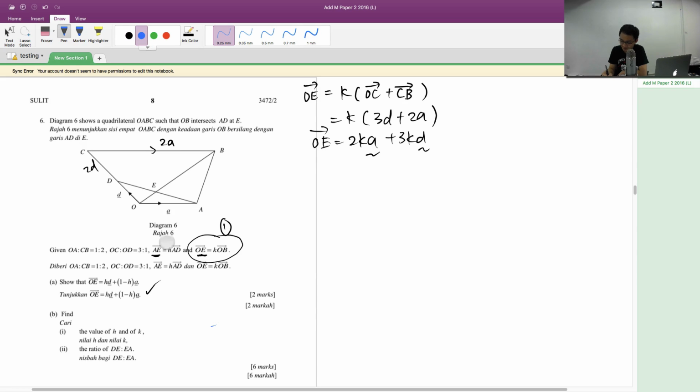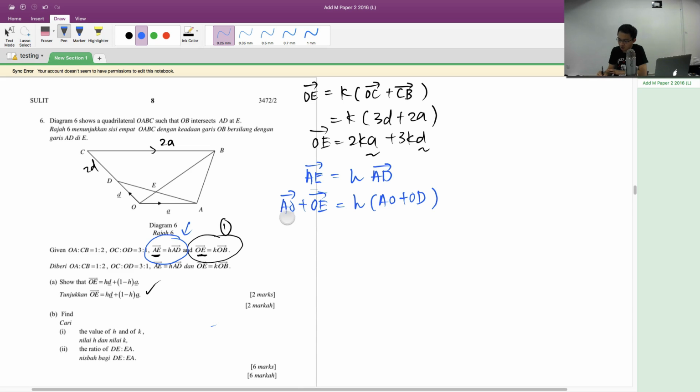Then I do the second equation here. I have AE equals to HAD. AE equals AO plus OE. I want to make OE the subject, remember what I said just now. Equal to HAD. Then we have to find AD. AD is very simple: negative A plus D, or you can say AO plus OD.